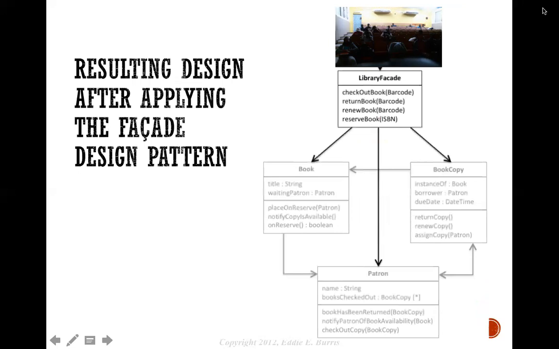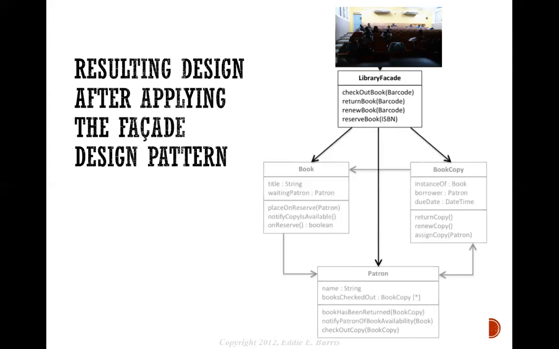So if we apply the facade design pattern, we'll have a library facade now. The user interface now doesn't need to think about the book copy and the patron anymore. Instead, the library facade needs to be able to check out a book. And it just says check out a book, and then the library facade takes care of who is borrowing the book, which patron is borrowing the book.